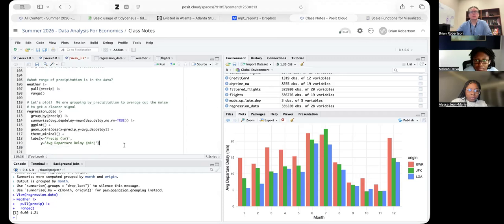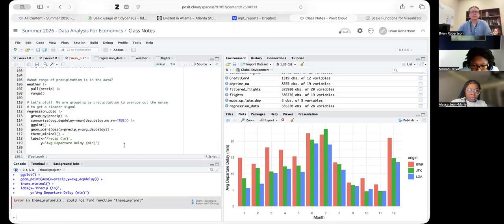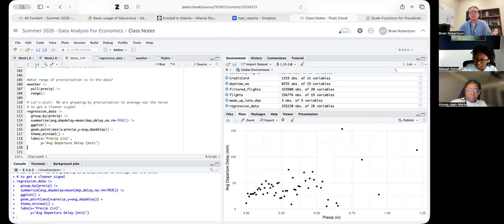All right, so what do I see here if I do that? Right, so if I do that, what do I get?